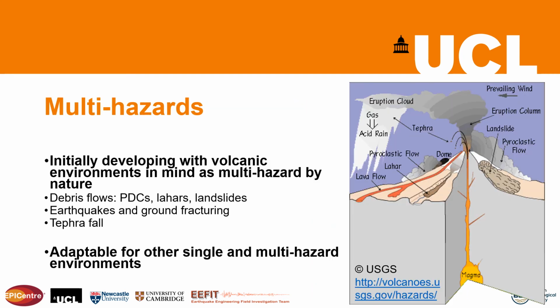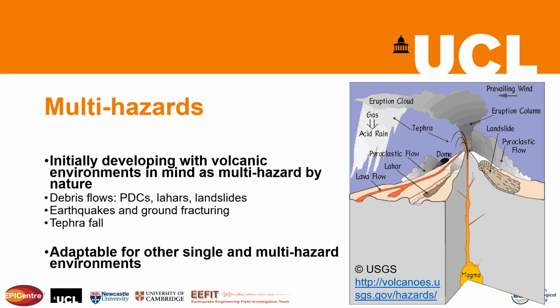I'm very much talking about volcanic environments, partly because that's my background, but partly because volcanic environments are multi-hazard by nature. Around a volcano there can be any number of hazards. We get debris flows, pyroclastic density currents, lahars, landslides, rockfalls.